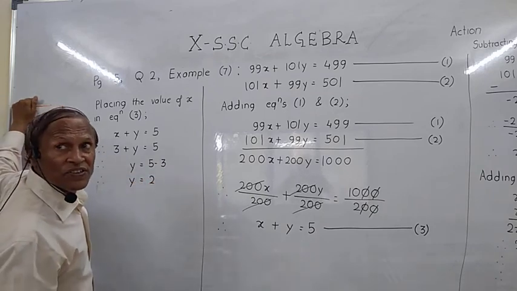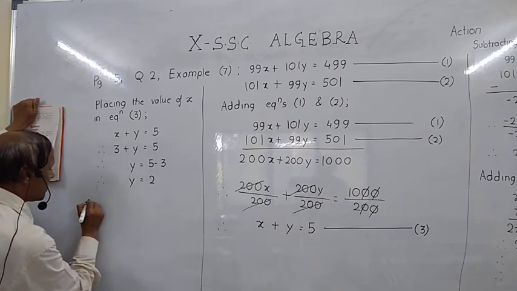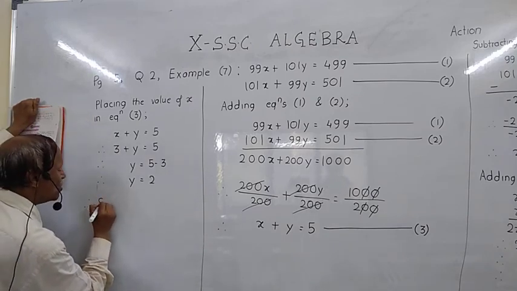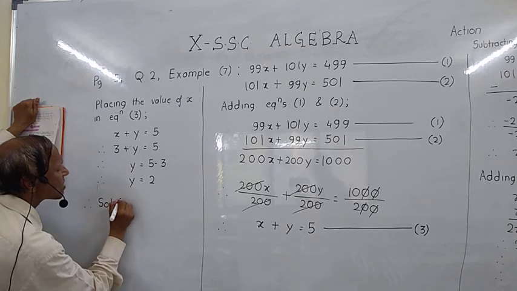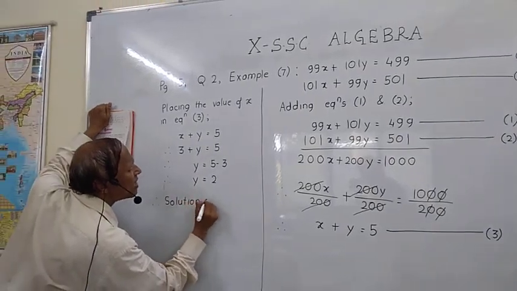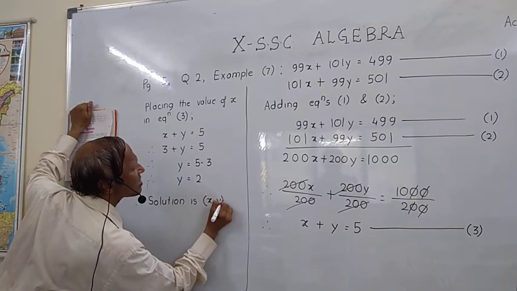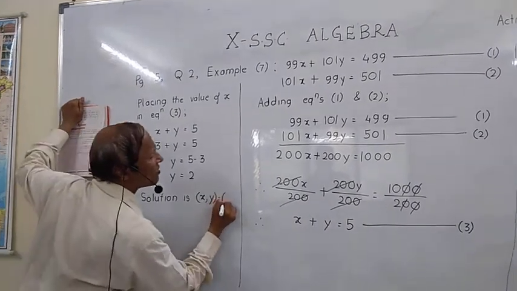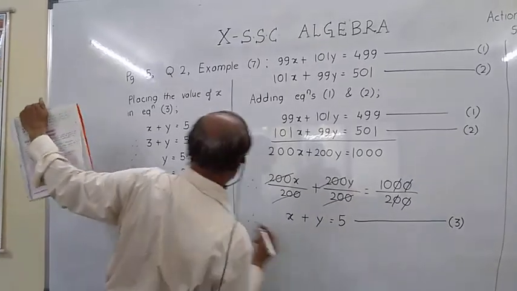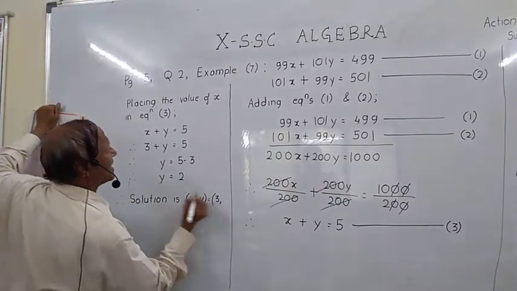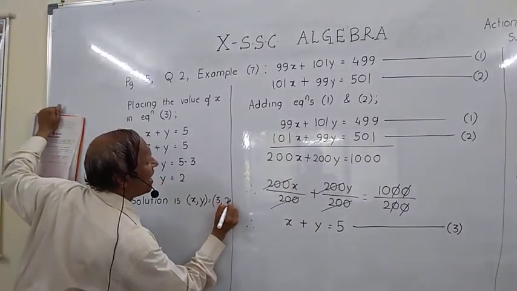So our solution is x comma y. That is, first you have to write the value of x, 3. And second you have to write the value of y, 2.